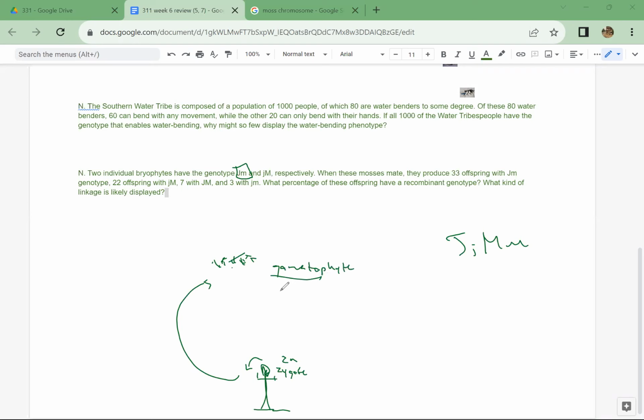Gameto, like from gamete, because it's just N, it's haploid. And that's the moss that we see. And then it will do some reproduction, and it will form, once again, a diploid sporophyte.